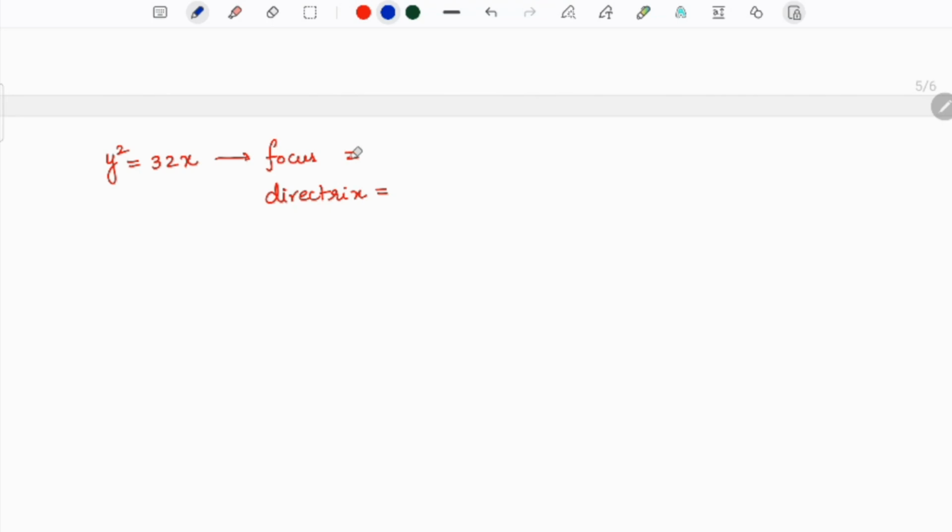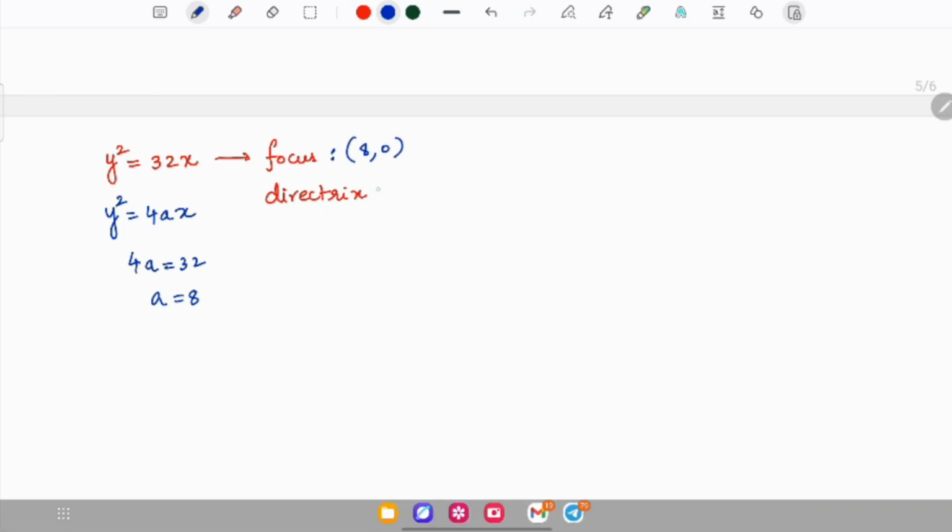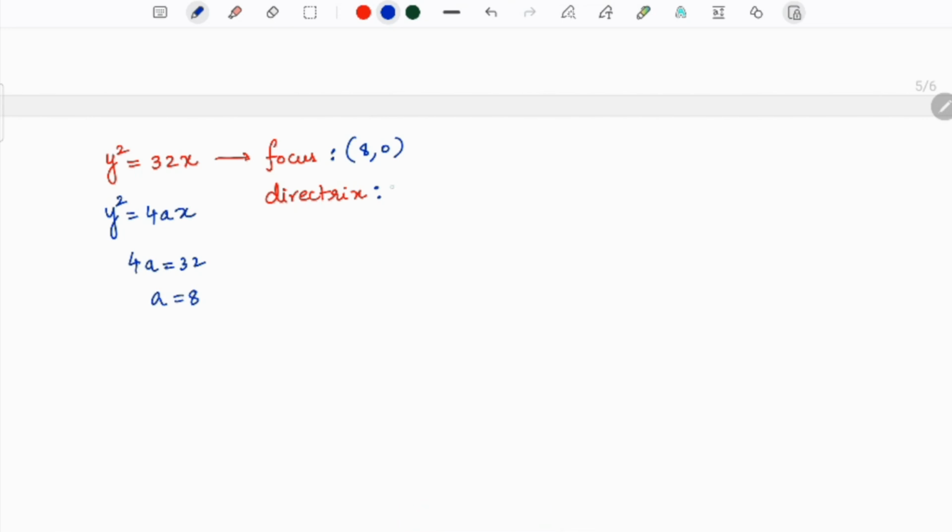What is the focus? Compare this with y square is equal to 4ax. So that means 4a is 32, so a value is 8. So focus is (a, 0), that is (8, 0). What about the directrix? x plus 8 is equal to 0.